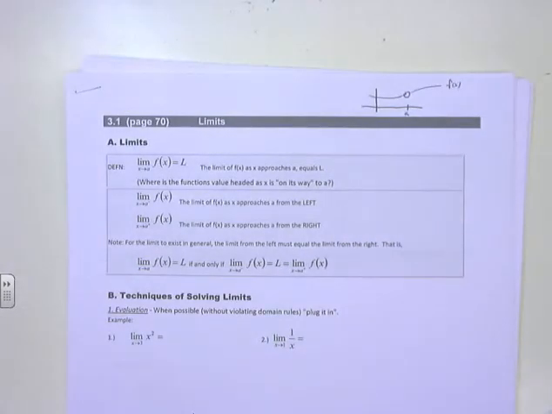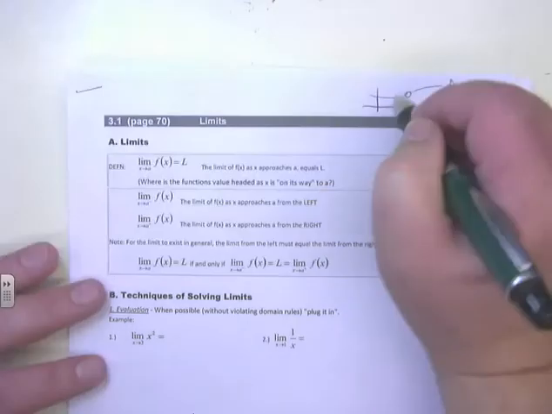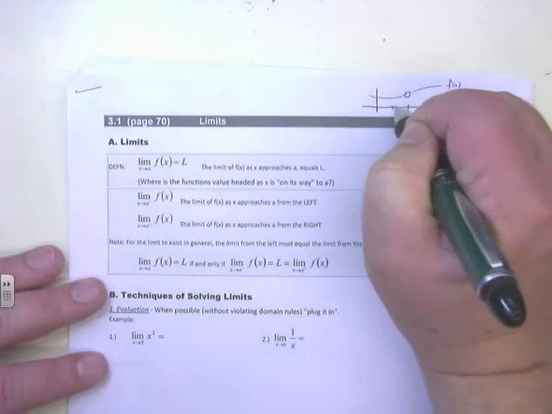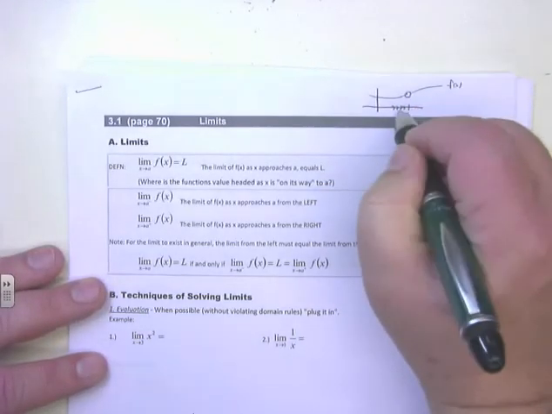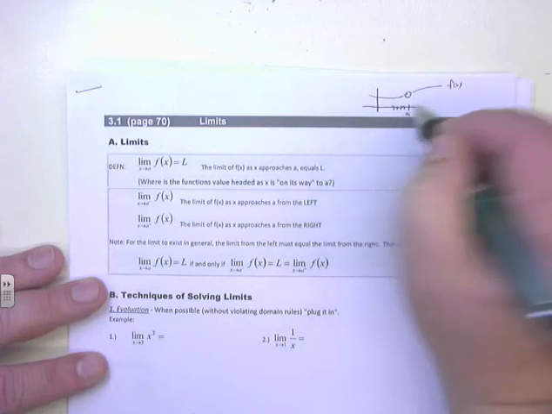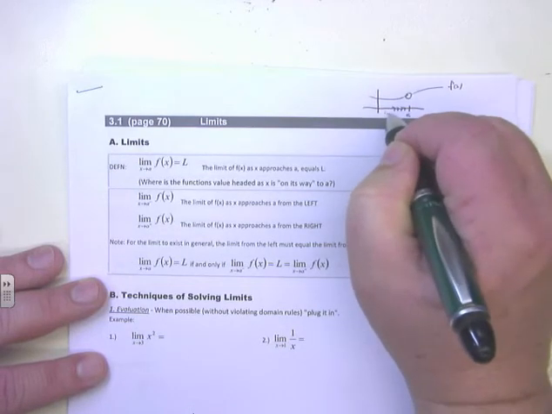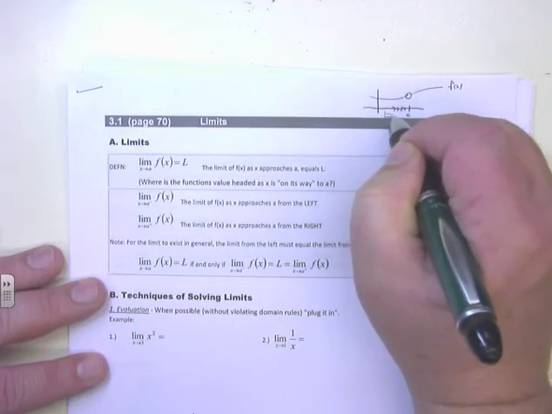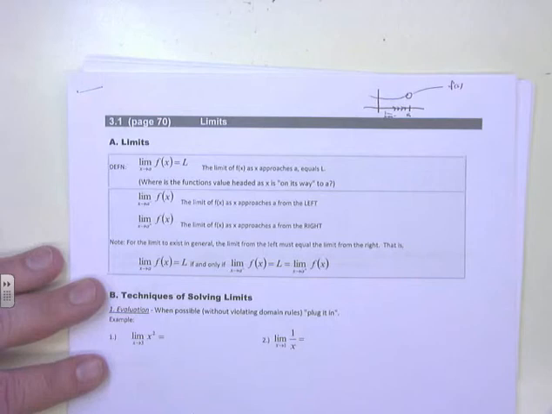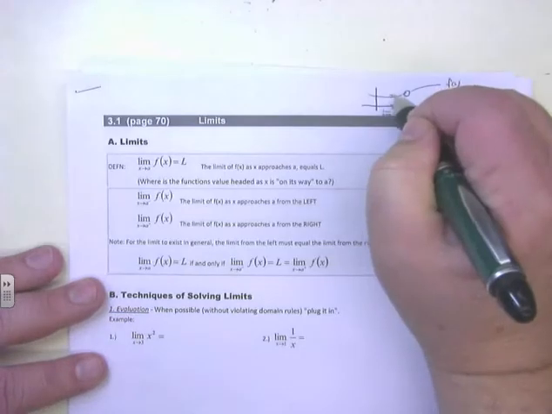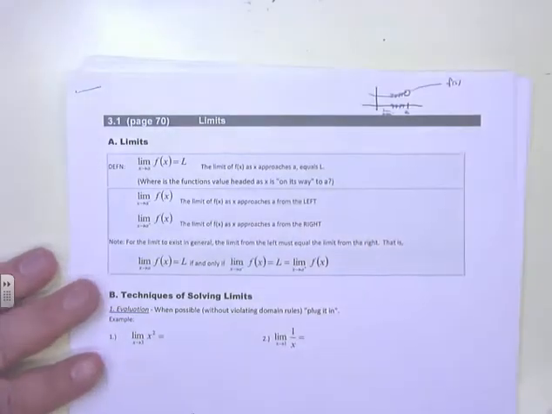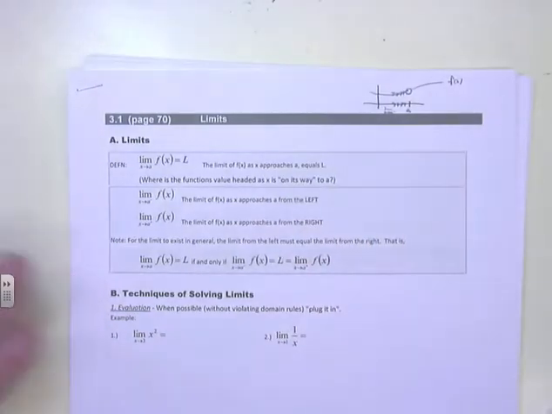I'm trying to figure out what's going on here. So, as I approach a from below, we're going to plug in numbers very, very close to a, but slightly less than a. This would be the limit as x approaches a from below, from the little minus sign there. And you plug it into the function, and you're trying to get as very close to the hole as possible to see what's happening at the hole.